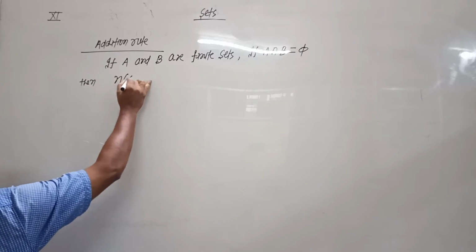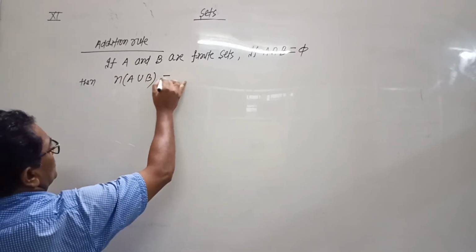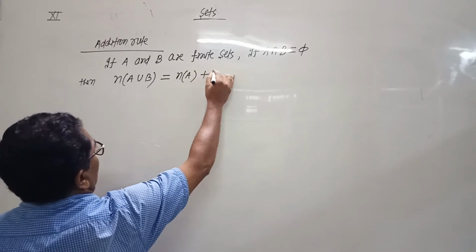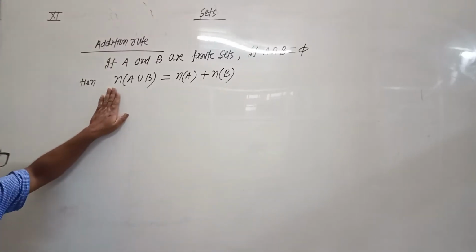N of A union B equals N of A plus N of B. N means number.